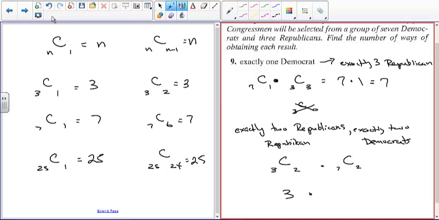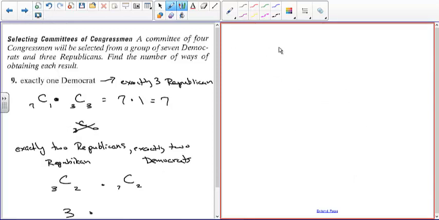This one is not so simple. You might use the formula. So 7 things taken 2 at a time is going to be 7 factorial over 2 factorial times 7 minus 2 factorial, which is 7 factorial over 2 factorial times 5 factorial. And then I write 7 factorial as 7 times 6 times 5 factorial.